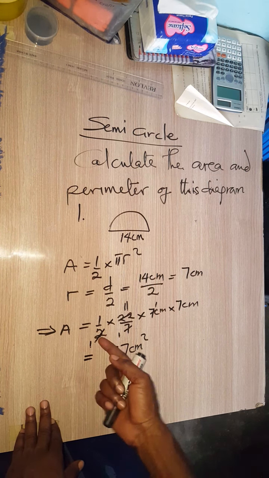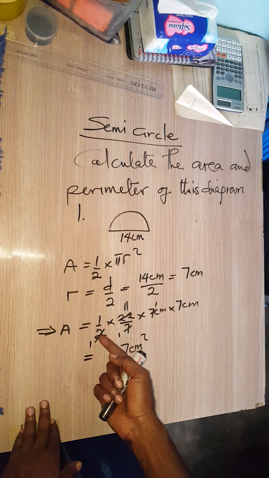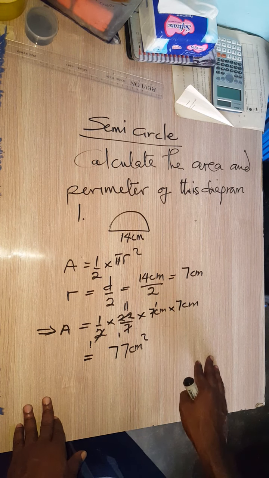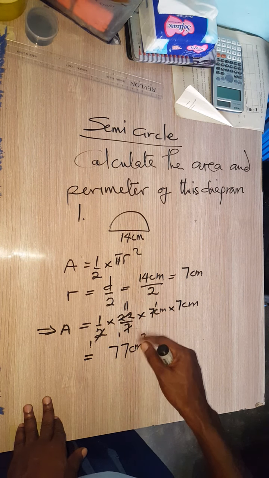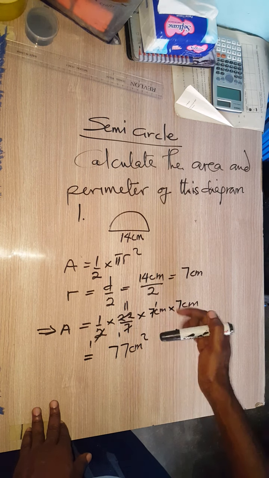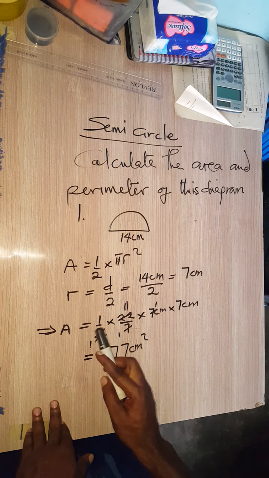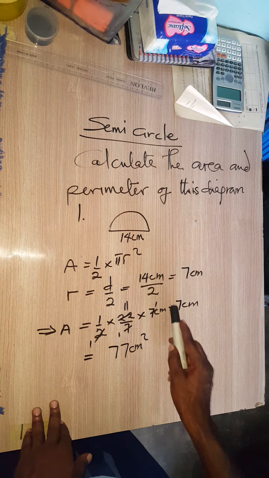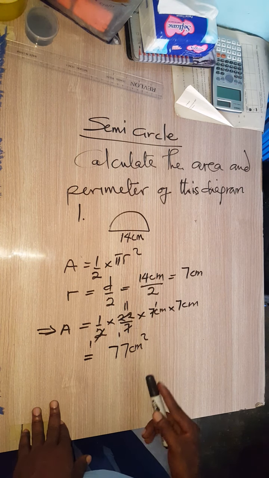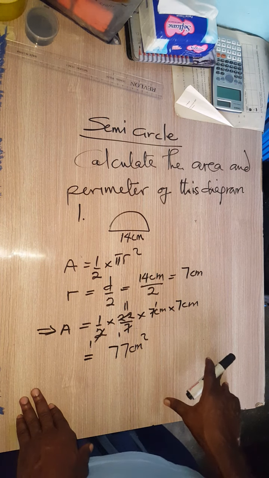Now this 2 below, that's the denominator, divides the 22, which is the numerator, by 11. The 7 also divides this 7 once. Now we have 1 times 11 times 1 times 7, and that will give us 77 centimeters squared. This is how to calculate the area of a semicircle.